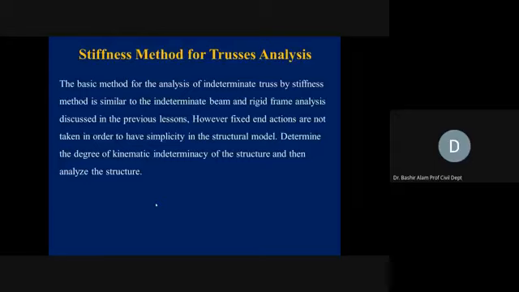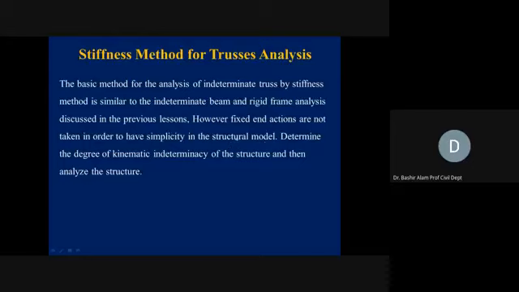Now, the basic method for the analysis of indeterminate truss by stiffness method is similar to the indeterminate beam and rigid frame analysis discussed in the previous lessons. However, fixed end actions are not taken in order to have simplicity in the structural model. Why?